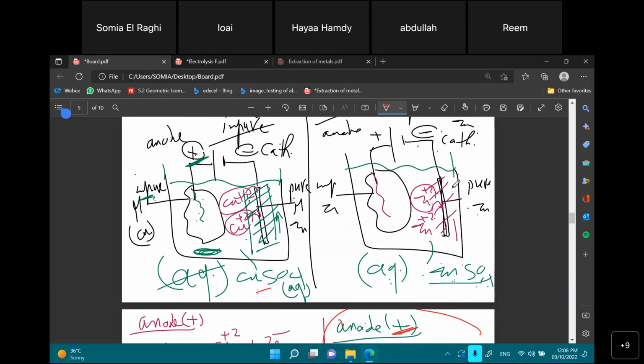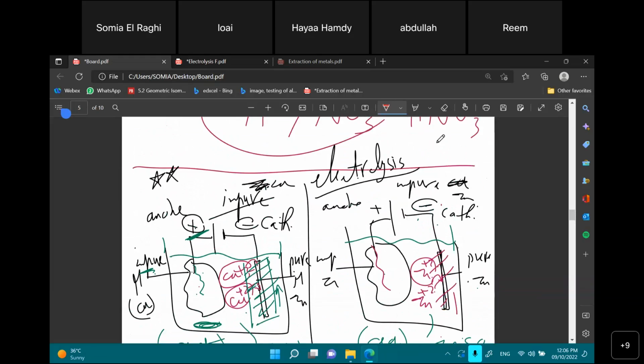Okay, so once you see this purification, we use what? Active electrode, because the copper is active. All right, it is reactive. It is not like titanium or platinum. But the question, maybe you read this sentence in the note or your chemistry book.